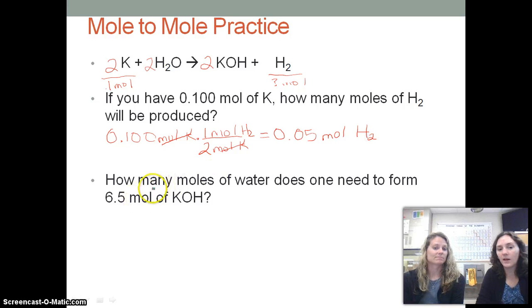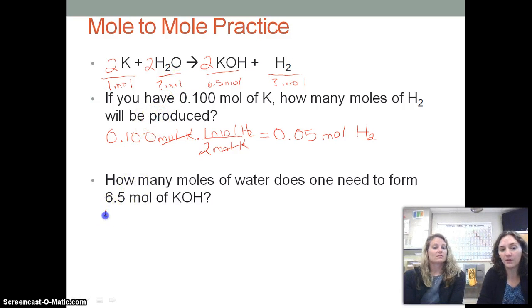Okay, now we want to look at how many moles of water does one need to form 6.5 moles of KOH. So if we go up here, now you're starting with 6.5 moles, and we're trying to figure out how many moles of water do we have. All right. Do we need to produce the 6.5 moles?